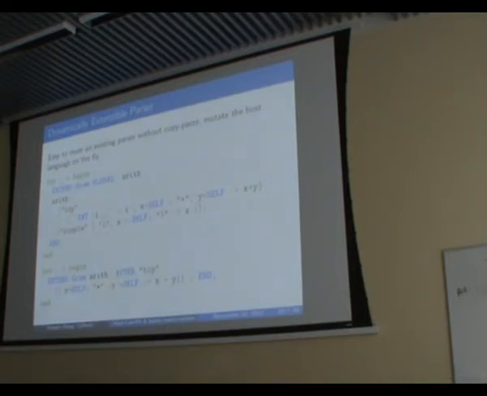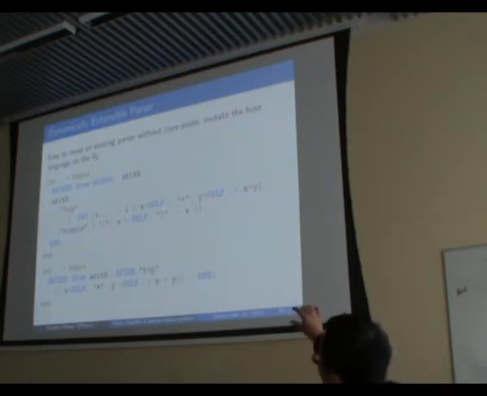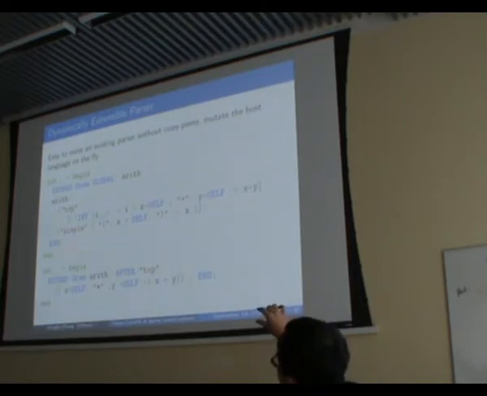The first feature of Camlp4 is that it has a dynamically extensible parser. It means when you have a parser, you can extend it without touching the parser. So you see the first one is a grammar for arithmetic expressions. And then we want to extend it for multiplication, without touching the original source, we just extend.